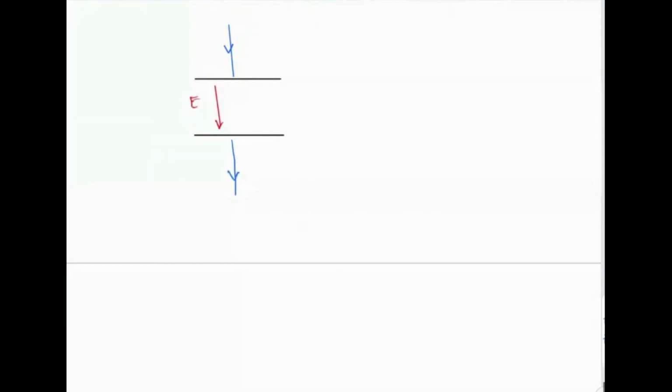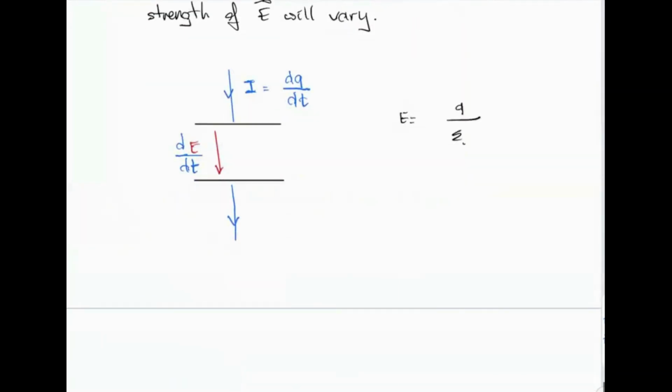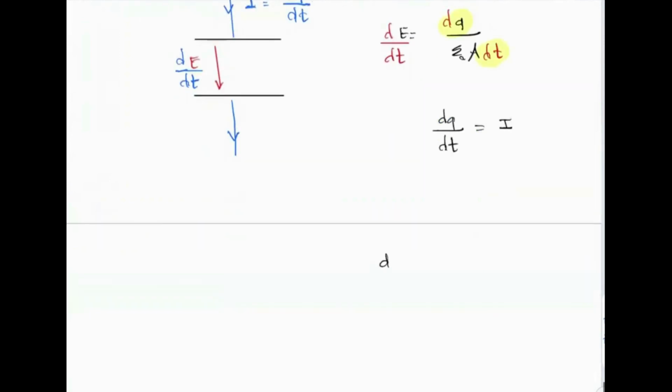The current is going in, charging up the capacitor. When you charge up the capacitor, the strength of the electric field is going to increase within the capacitor. So you have a current-like term inside the capacitor. Right? It's not quite a current because there's no current within the gap of a capacitor.